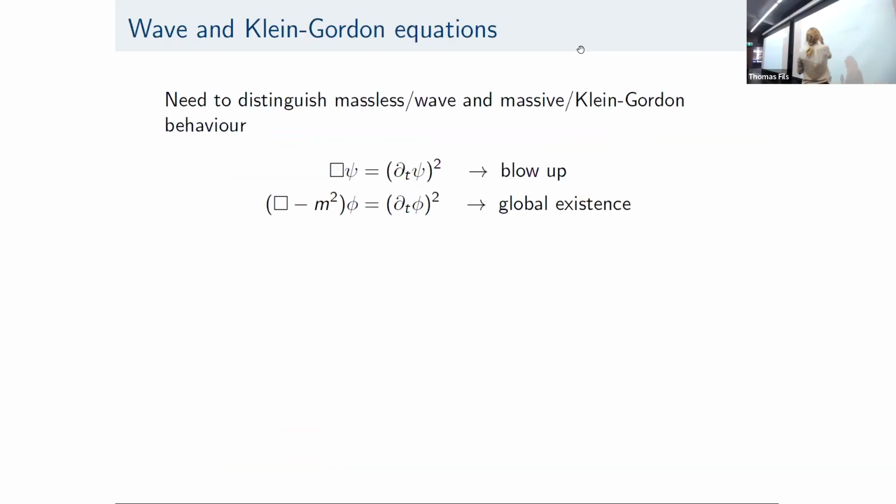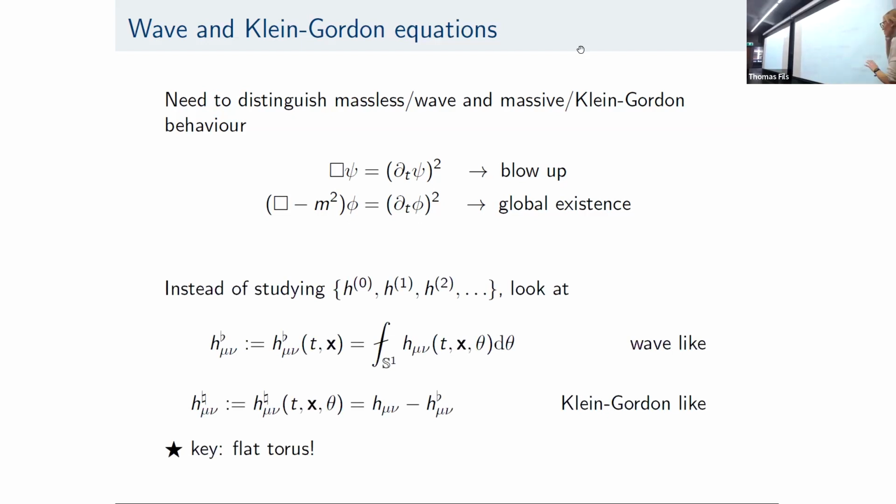This is important. You need to distinguish these two pieces. I need to know if I have a wave-like interaction, which leads to blow up, because that changes things. If I had a mass term, well, no, this nonlinearity doesn't lead to blow up. You need to be able to distinguish between those two cases.